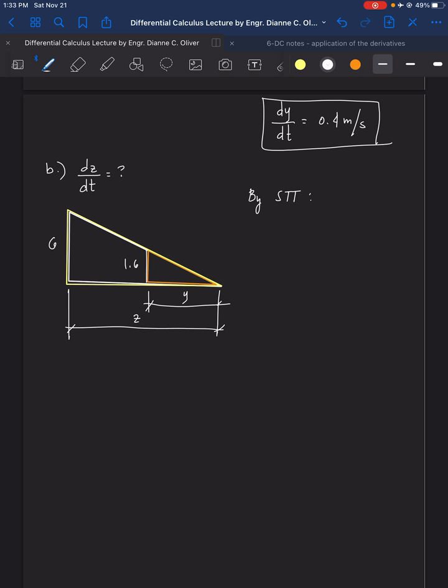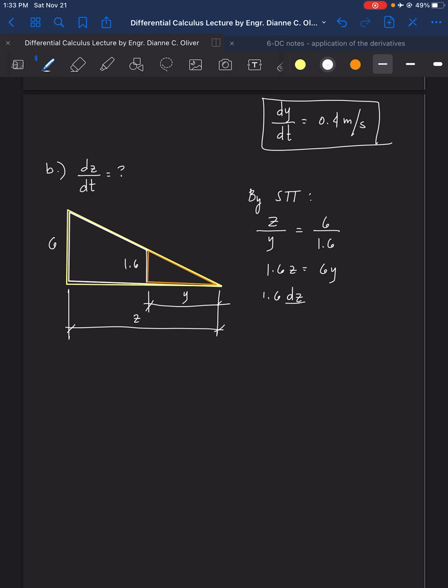So let's use the bigger triangle. The first one, the z over y, base equals height if we have started with the bigger triangle as the base, then let's get the bigger height as the numerator. 6 over 1.6. So we have there 1.6z equals 6y.